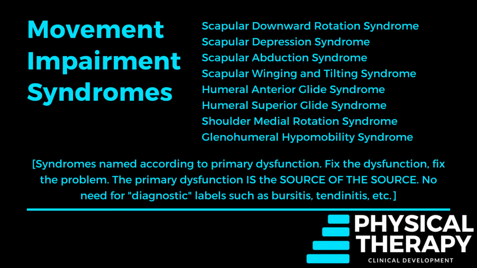So instead of talking about shoulder pain in the context of a pathoanatomical diagnosis such as biceps tendonitis, we would say the patient has a humeral anterior glide syndrome. This tells us more information. It tells us that they have a directional susceptibility of movement at the glenohumeral joint to anterior glide.